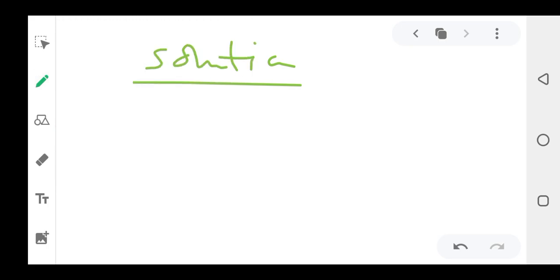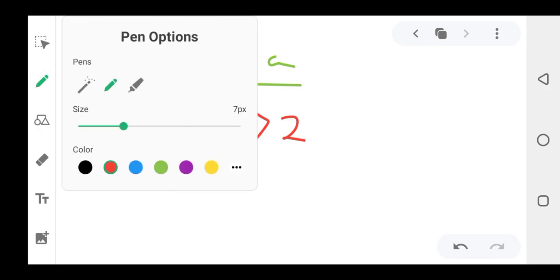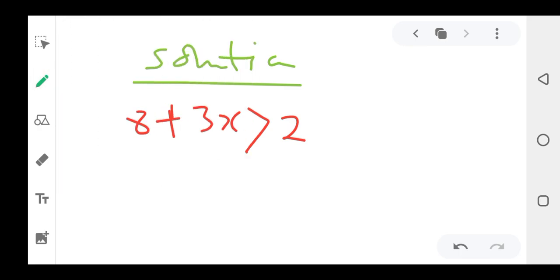So the question was this: 8 plus 3x greater than 2. How do you solve such a thing? The first thing you do is, our target is to remain with 3x, so 3x comes here. All the time the one with x doesn't go anywhere.